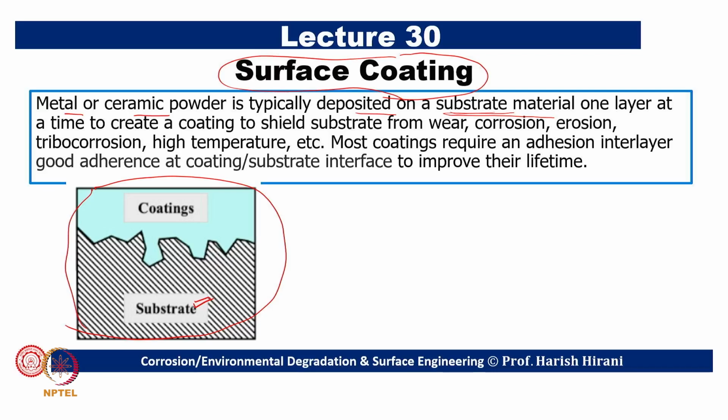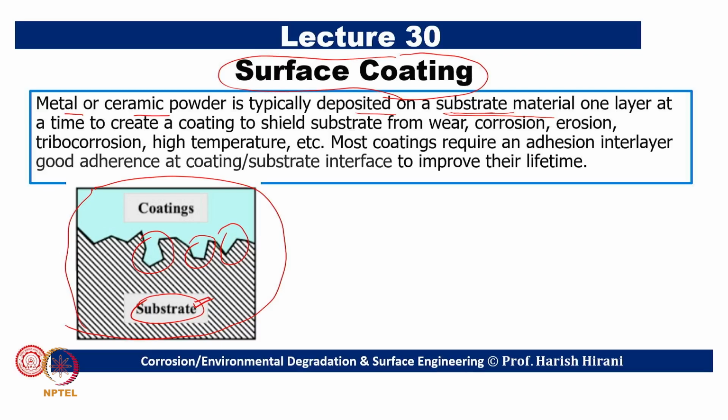So, for coating also we require surface design and surface preparation, and that has been shown over here. If you look at this, there is a substrate. If I remove the coating, it will expose the surface which has a roughness, and this roughness is often required for the coating, so that good bonding happens between the coating and substrate, and the coating remains intact for a longer duration. That is what we do.